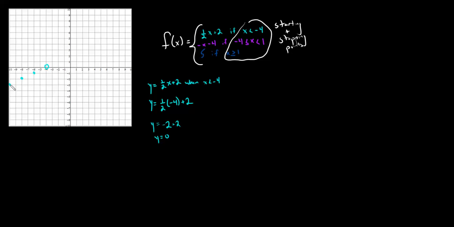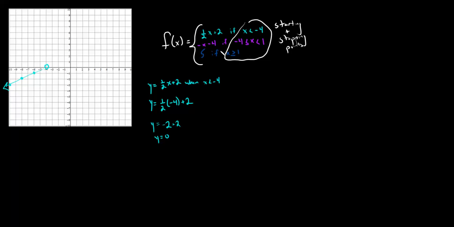This is going to be this particular graph because we're only graphing this when x is less than -4, and x is less than -4 when x is like -6, -7, -10, and so on. So I'm going to connect that forever going in that direction. That's the first piece of our graph.